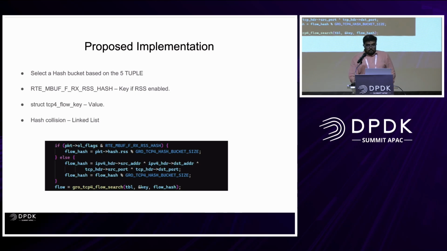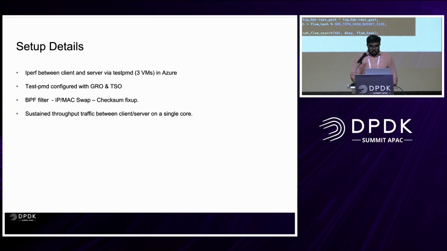If RSS is not enabled, the current implementation that I have done is just an XOR of all the tuples. If the distribution on this is not really optimal, we could change this logic as well if required. Now the flow search logic is based on the hash table.